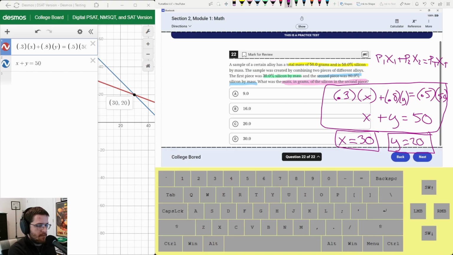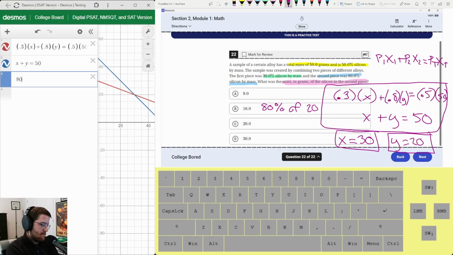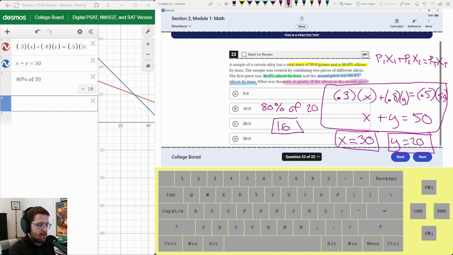So I'm going to do 80% of the total mass of that second piece, which is 20. And let's just come over here and see what that is. 16. So there is 16 grams of silicon in that second piece, which gives us answer choice B.